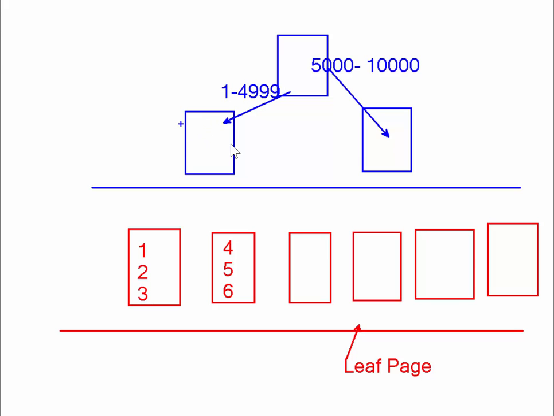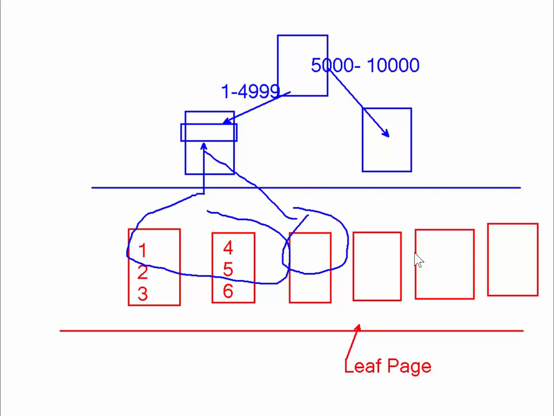And then this contains pointers to say 1 to 1,000, find in this region, and another value find in that region, so on and so forth. So when you have needle in haystack, seek is always what you want to do.